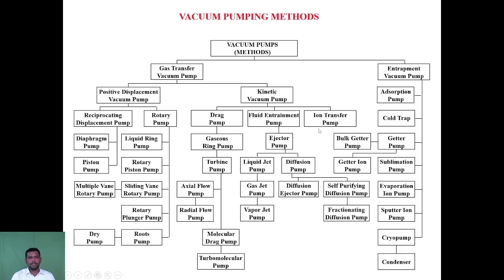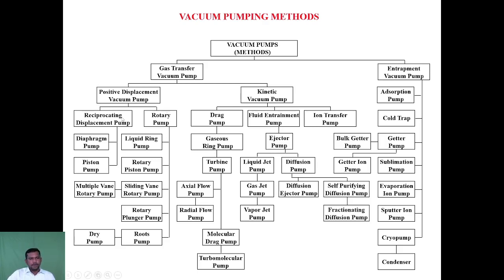We are concentrating on only the positive displacement vacuum pump and kinetic pump, and especially today we are going to discuss the positive displacement vacuum pump, in which we are going to discuss the rotary mechanical pump in detail. Before that I am going to give an overview of positive displacement vacuum pump. It is further classified into two types, that is reciprocating displacement pump and rotary pump.